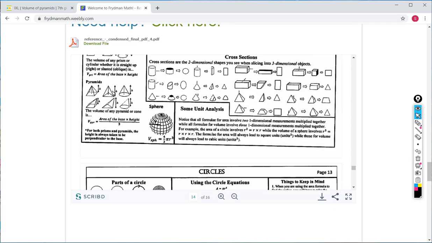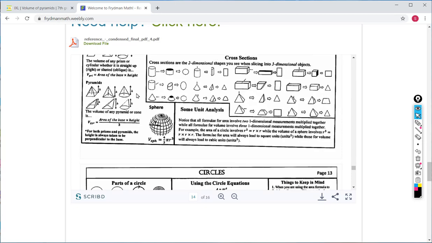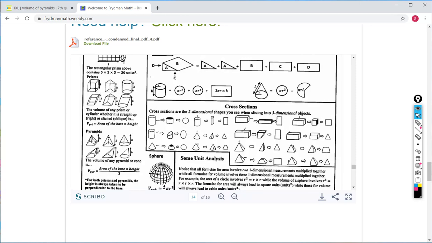Now, when we go to find the volume of a pyramid, which is sort of like a prism, except it comes to a point at the top. So with a prism, if I have a prism drawn this way, the bottom is the same as the top.